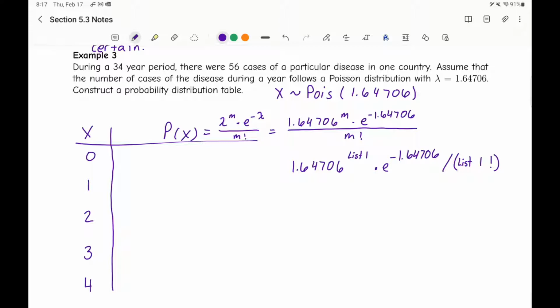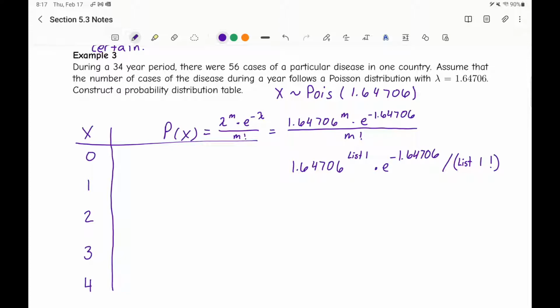So that's what we're going to type in for the formula for list 2. And don't forget the parentheses around the denominator as you're typing this in.